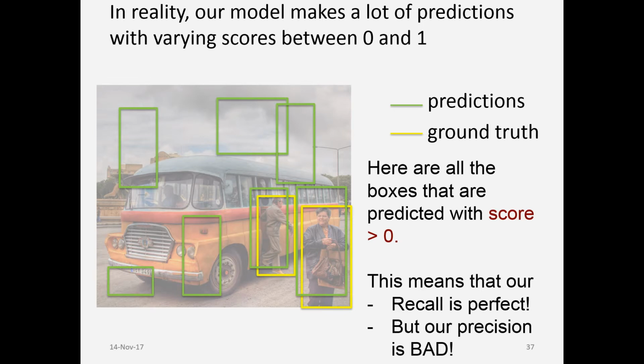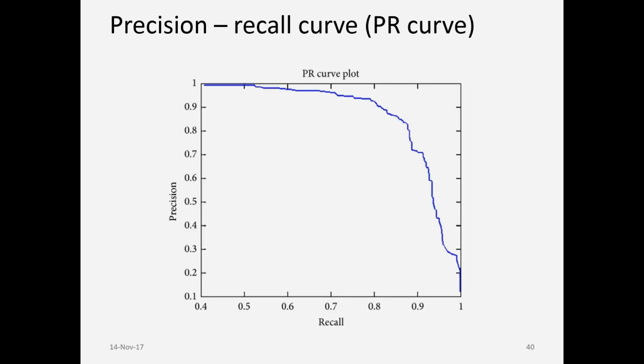Or the other way around, I can be really careful, so that the classifier more or less doesn't say anywhere is an object. Then in that case, the precision can be pretty high, but the recall will go down, right? So it's always a trade-off.